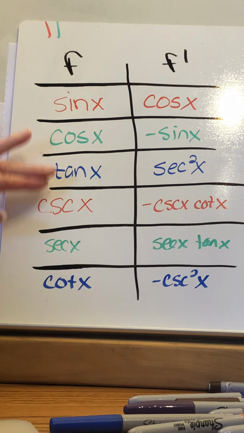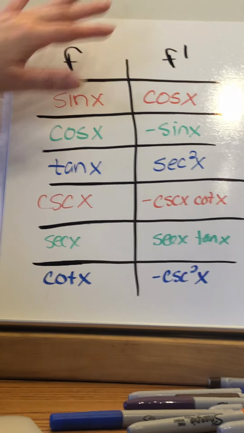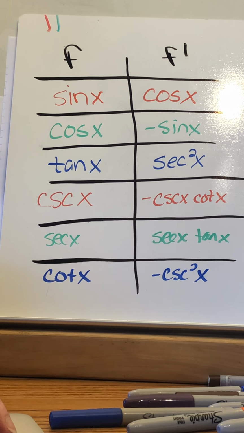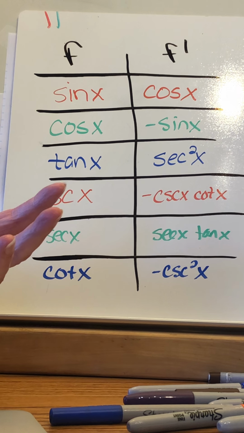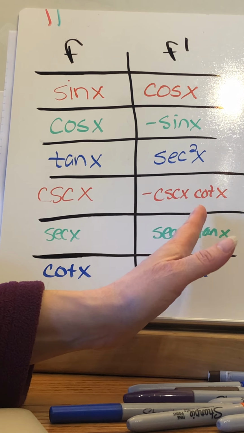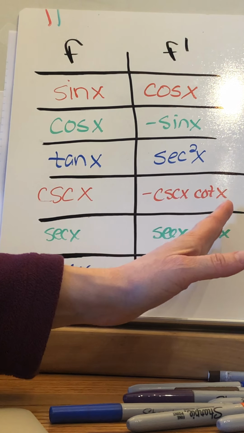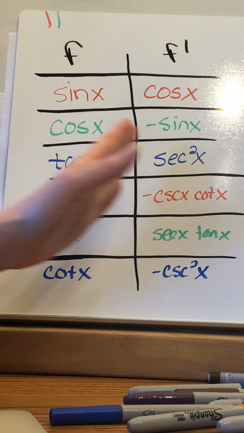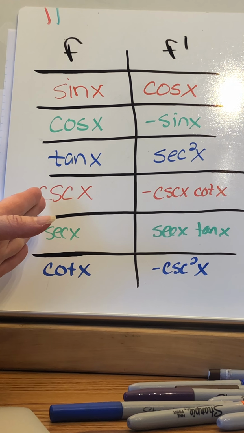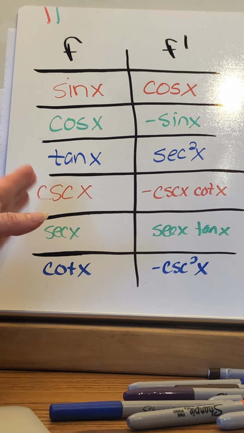So here's our 6 trig functions, and then here are all their derivatives. That way you're working with something you're comfortable with. And then when I have to work backwards to do the antiderivative, I just have my list in front of me, so then I just have to work backwards and see who's on that list.